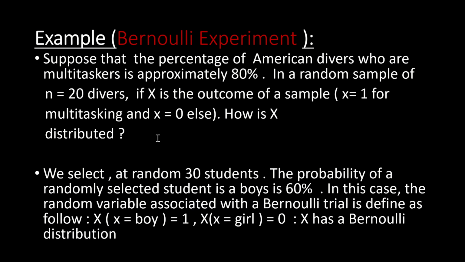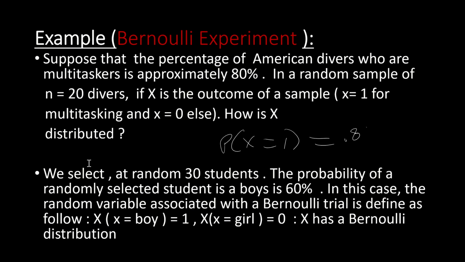The probability that X equals 1 is going to be 80%, which is 0.8, and the probability that X equals 0 is just the opposite, 1 minus 0.8, which is 0.2.